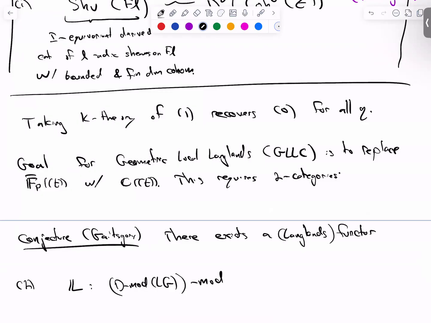I'll explain everything shortly. To sheaves of categories of local systems on the punctured disk.